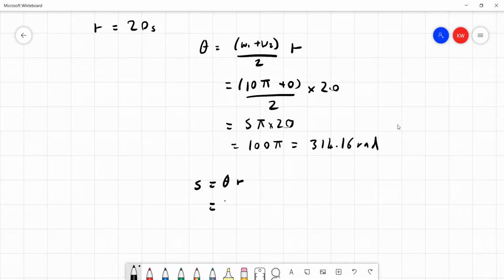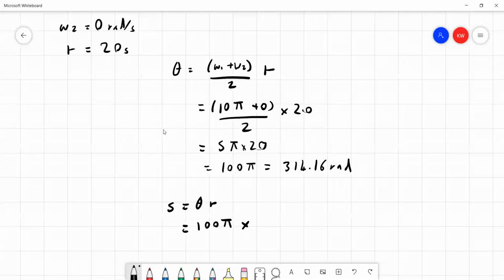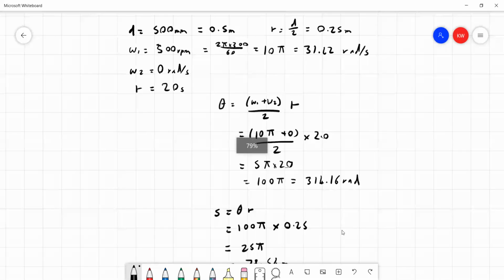We've just worked out theta, it's 100 pi, or 314.16 if you prefer, and our radius, well, if we go back to the start, we noted that our diameter was 500 millimeters, and that's 0.5 meters, and half of that is 0.25 meters, that's our radius, so it's 0.25. So that gives us an answer. Well, if we want it to be exact, it's 25 times pi, but we'll give it fully numerically, and that's 78.54 meters. So that's the answer to our question.